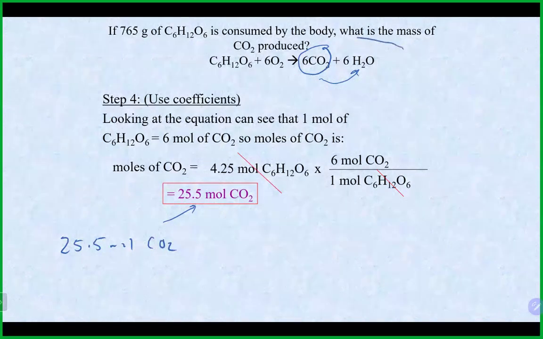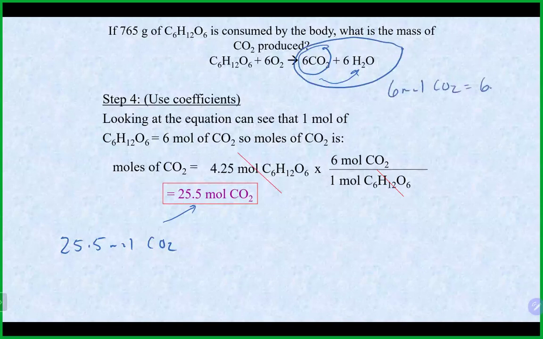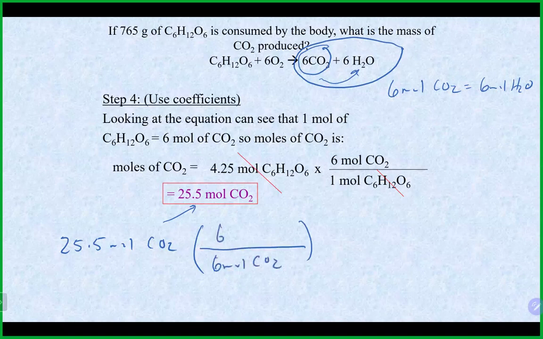And now we could do the relationship between these two, and we see that 6 moles of CO2 equals 6 moles of water. So we could use that as a relationship and go 6 moles of CO2 would give us 6 moles of water.